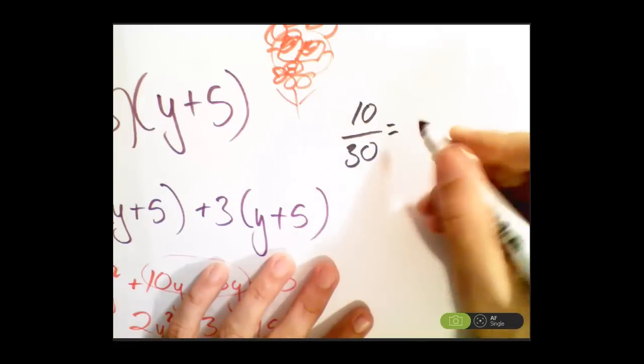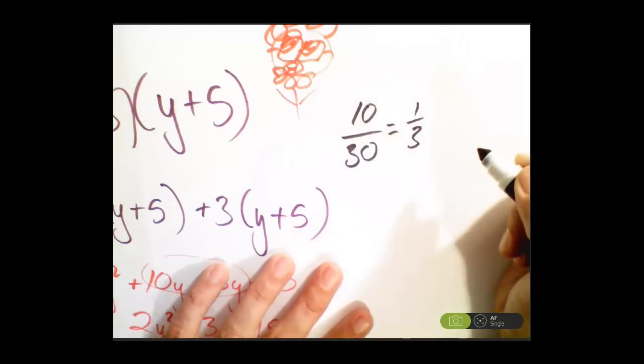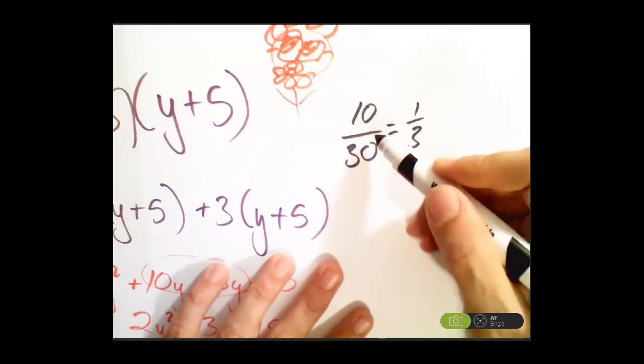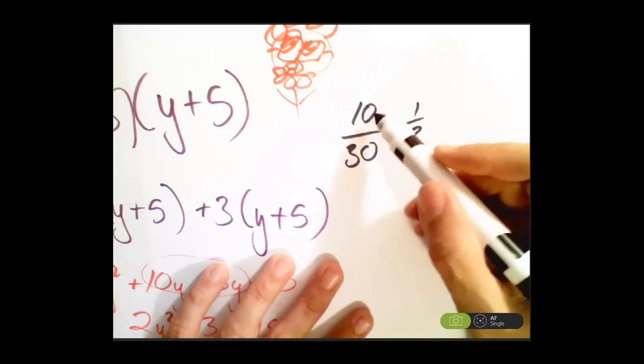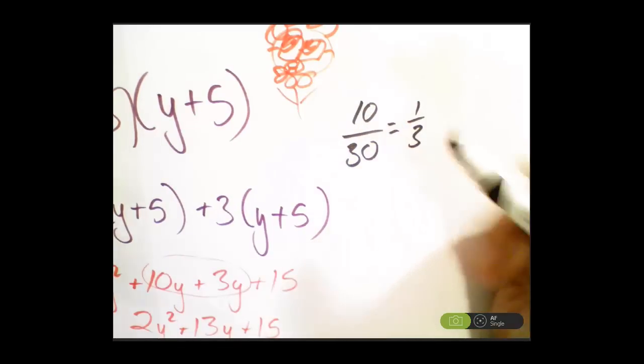You could reduce that down to 1/3 of the pack of hot dogs. And the way we do that is we see that they have a common factor of 10. How many 10s are in the numerator? There's one of them. How many 10s are in the denominator? There's 3 of them. And so that's the idea of factoring.